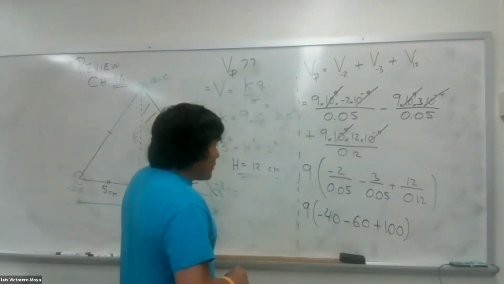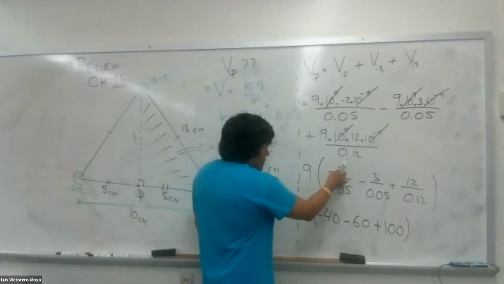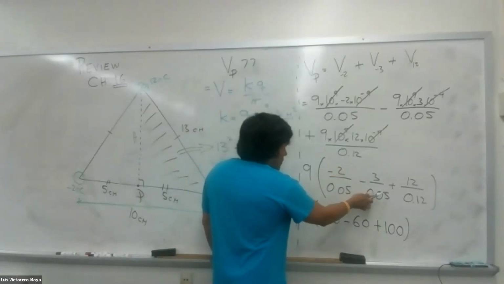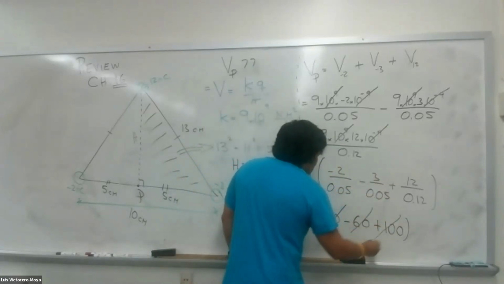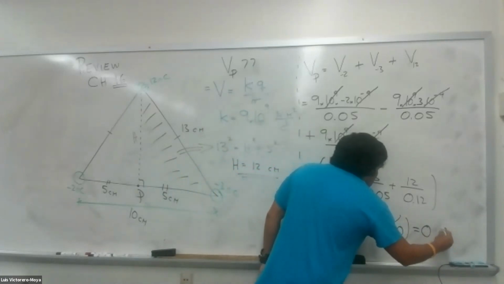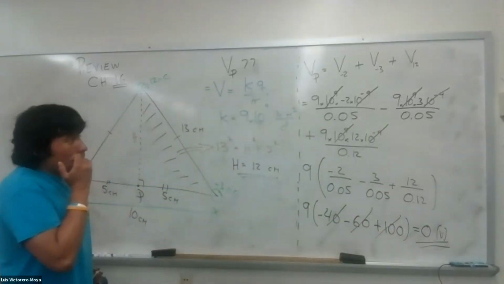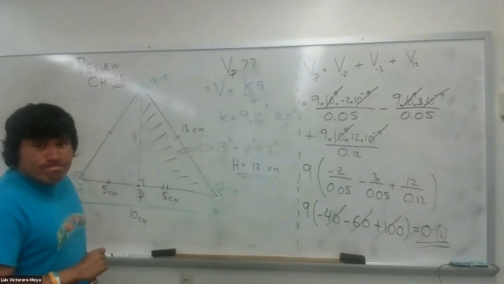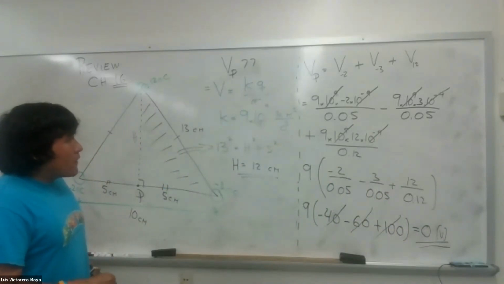So in this problem in particular, I get 0 volts, right? So this cancels, I get 0 volts. It can happen. Are there any questions about the math? The units are important, right?